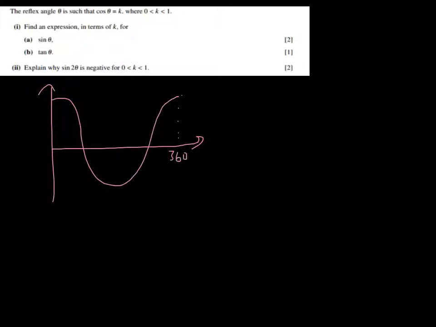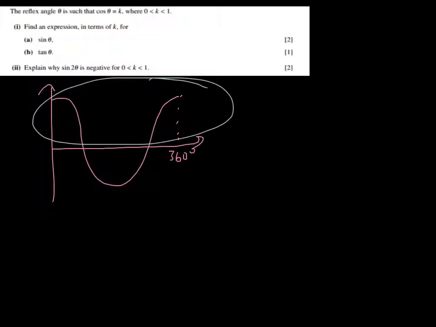360 degrees there, we know that the reflex angle is over here somewhere, between 180 and 360, but we also know that we're looking at k being a value between 0 and 1. So we're only looking at the top of that function there, so only this part here.